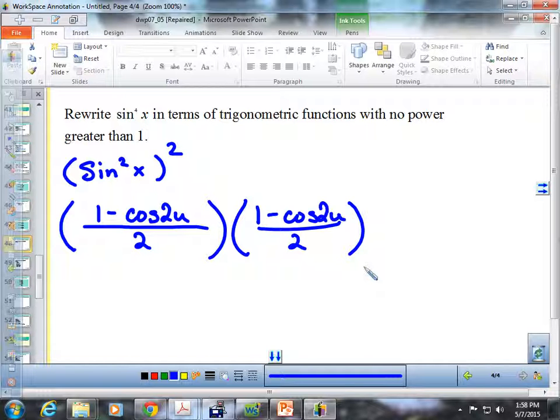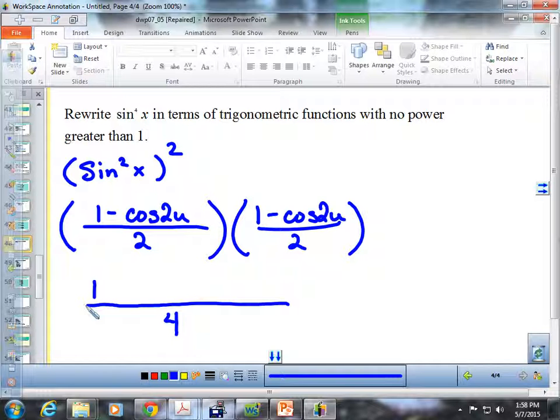What's being indicated for me to do now, though? Multiplication, right? And how do we multiply fractions? Straight across. So the denominator, 2 times 2, is 4. But up on top, we've got to do a FOIL. Is it a simple FOIL? No, because they're not conjugates, so I've got to do the full thing. 1 times 1 is 1.